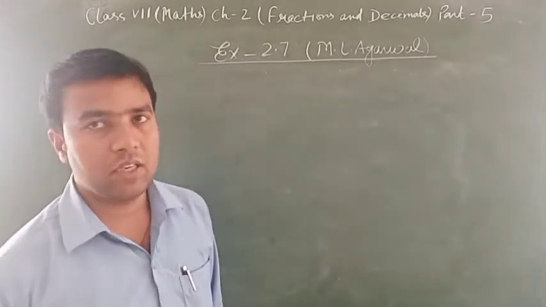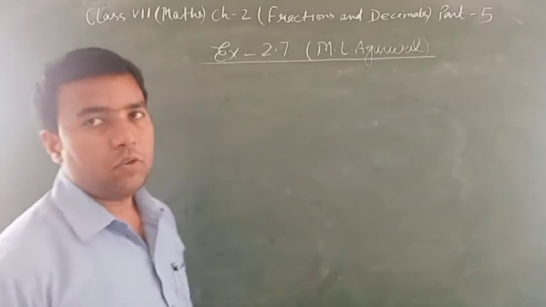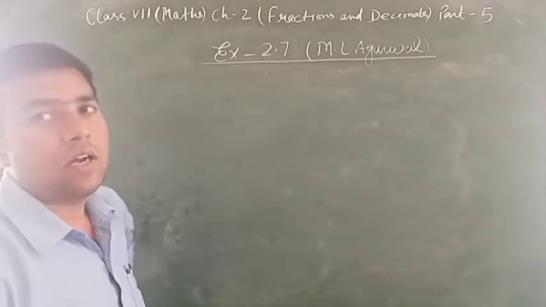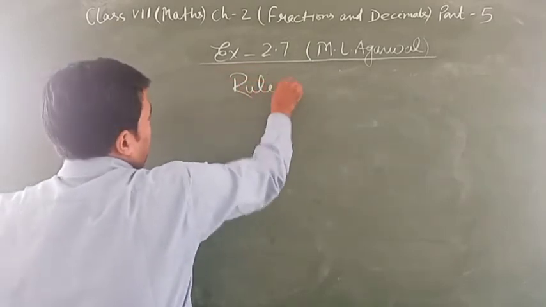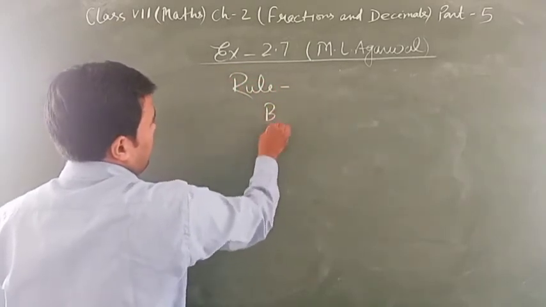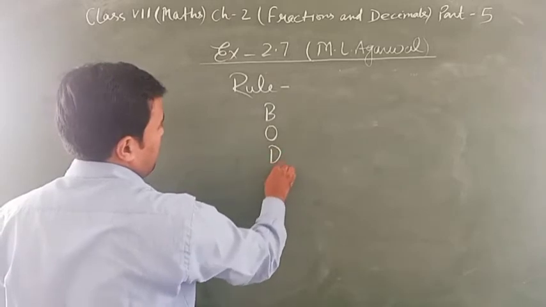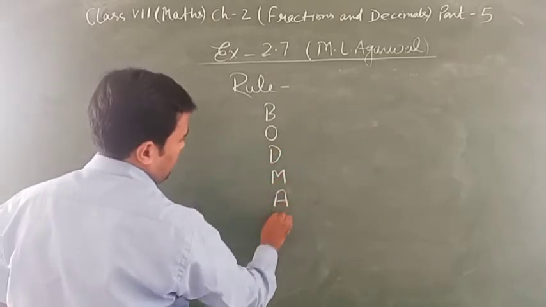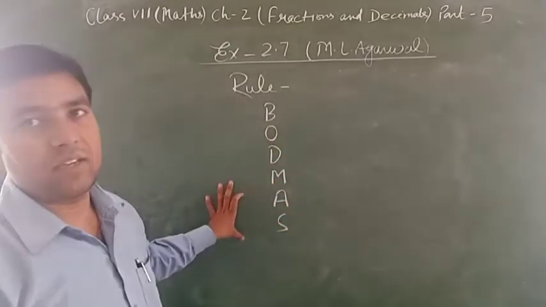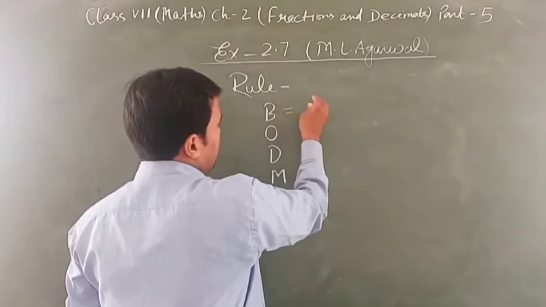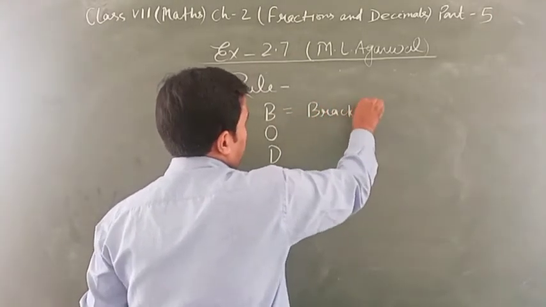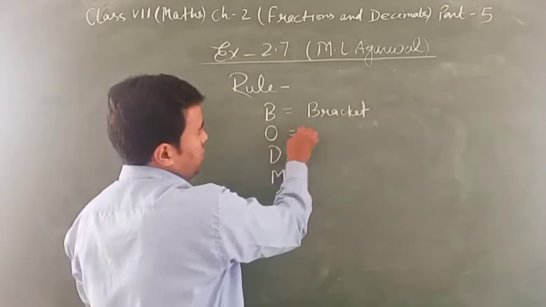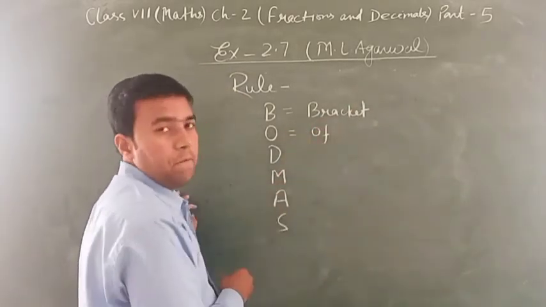Simplify is given. Clear? Before starting the simplify, I will tell you one rule: the BODMAS rule. B means bracket. O means of.